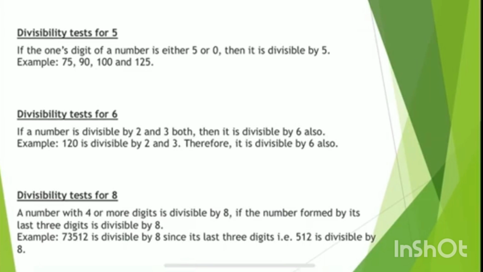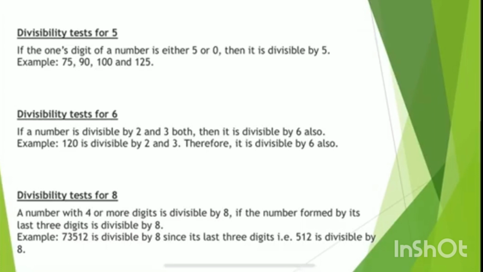Now let us discuss divisibility of 5. If the ones digit of a number is either 5 or 0, then it is divisible by 5. Example, 75, 90, 100 and 125. In all these numbers, the ones place is 0 or 5.